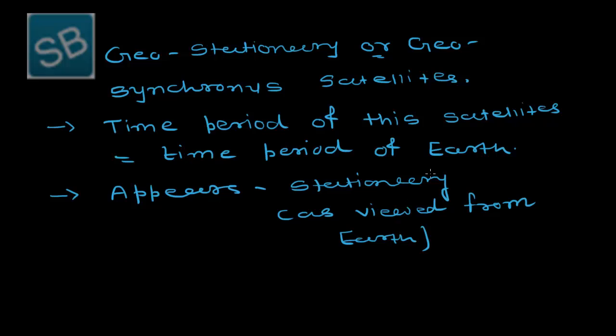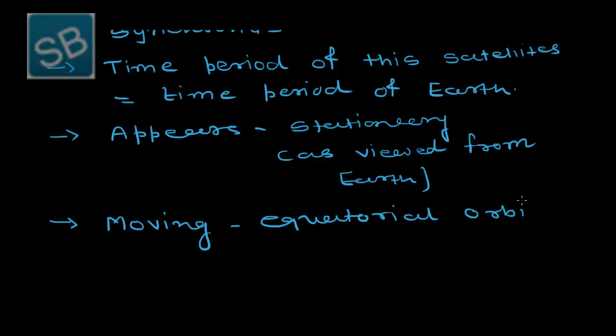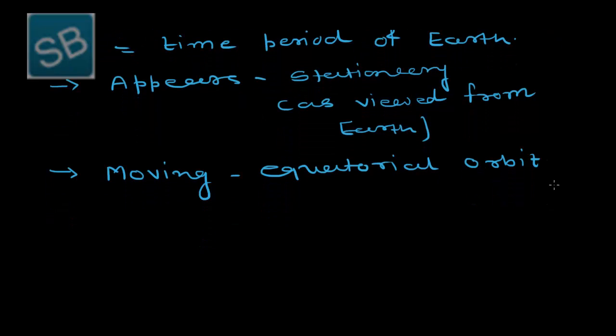Such a geostationary satellite revolves around the Earth in the equatorial plane from east to west direction. So, they are moving in the orbit. Which orbit? Equatorial orbit. And direction is east-west.